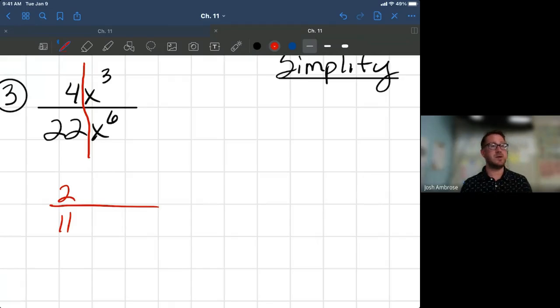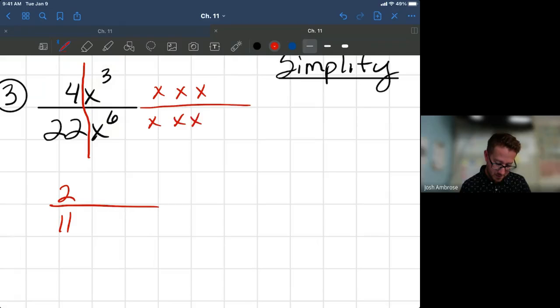Then we need to look at the variables. We have 3 x's up top. We have 6 of them in the bottom. Another way to think of this is you have x, x, and x, but on the bottom, we have 6 of those.